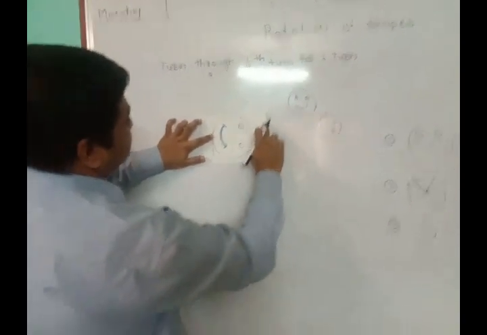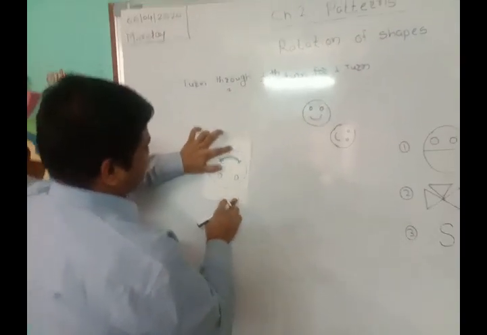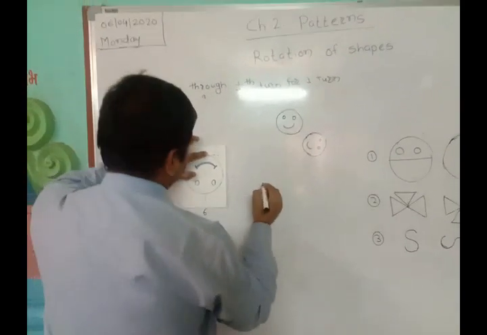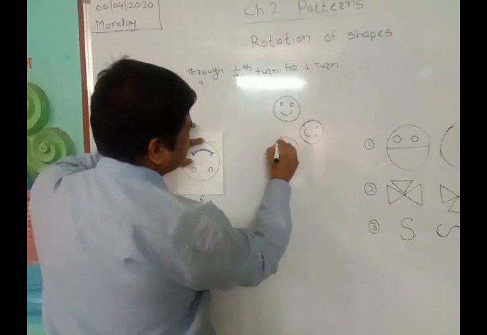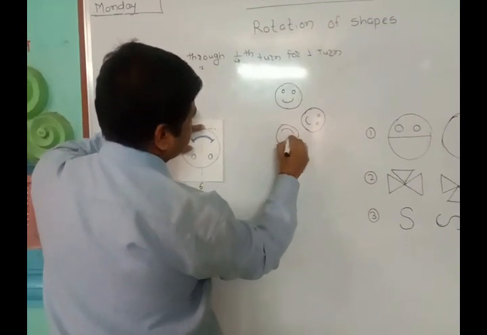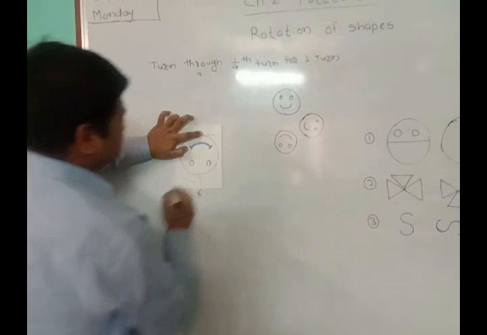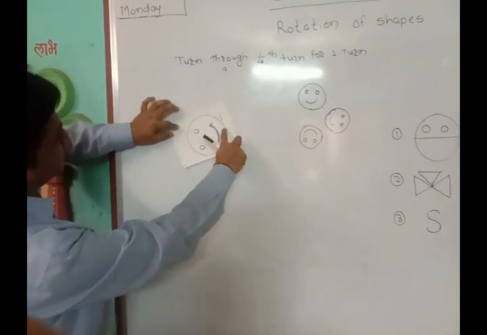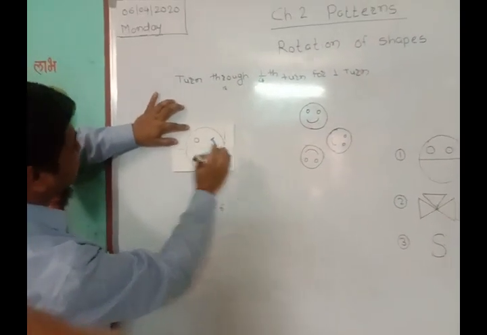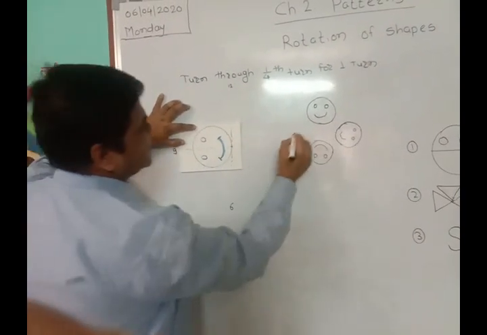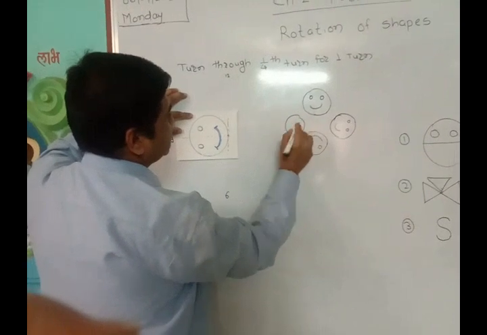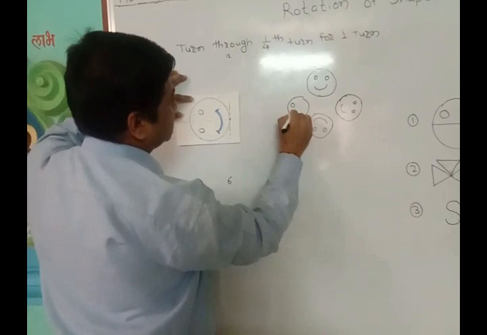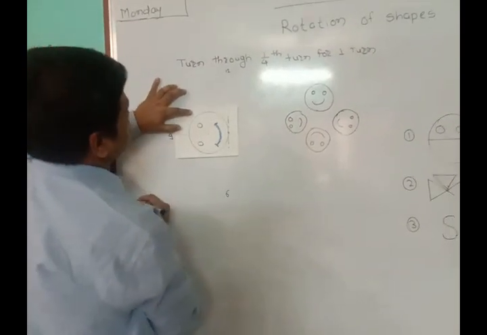When we turn 1/4 of a turn further, means from 12 to 6, now eyes will be downwards and mouth will be on the top. When we turn it through more 1/4 of a turn, now at 9 o'clock, in this case eyes will be on the left side and mouth will be to the right.